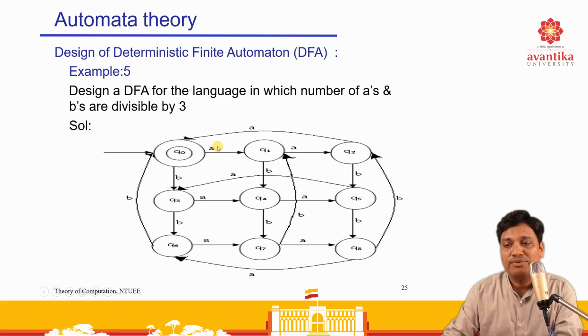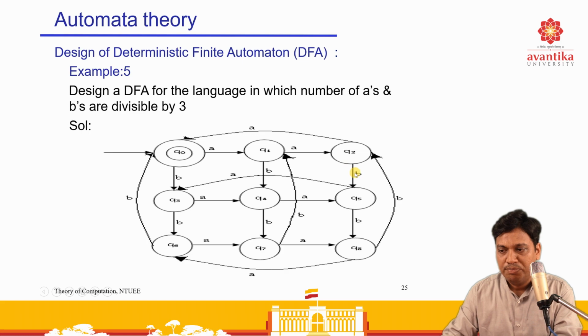See the first transition A, then the second is again A, then B, B, again A and B. So here the counts of A's are 1, 2 and 3, and the counts of B's are B, B and B. So in any combination of transitions, the number of A's and B's is divisible by 3. The total number of states is 9, with 1 initial state, and again the initial state and final state are the same.